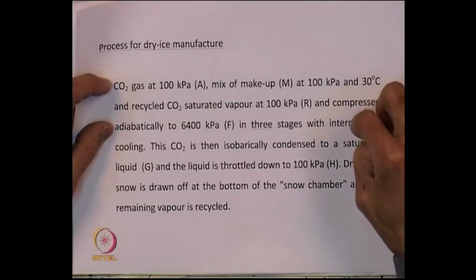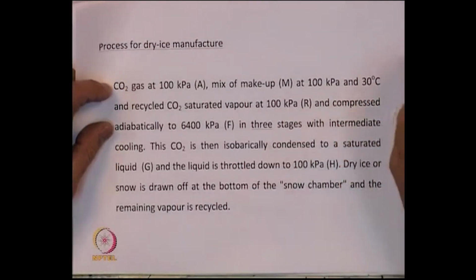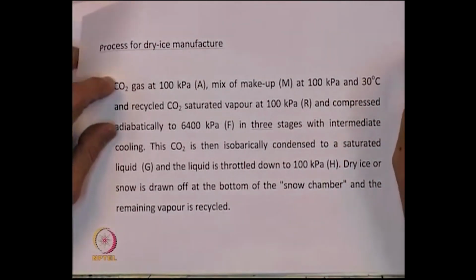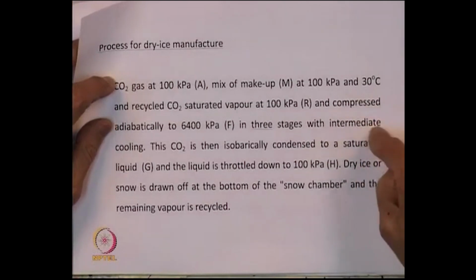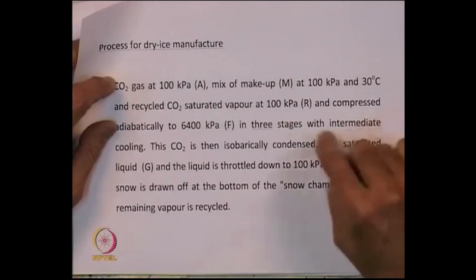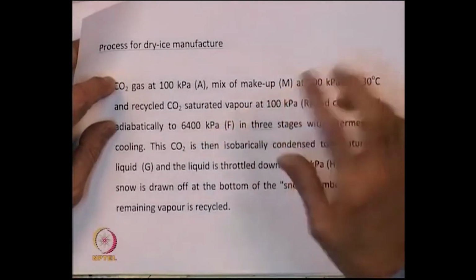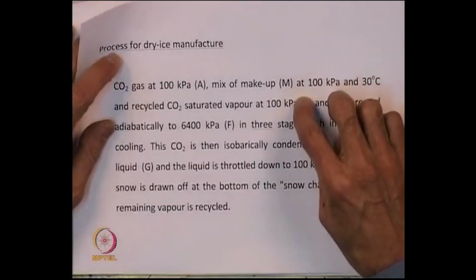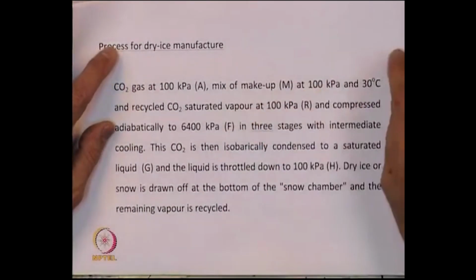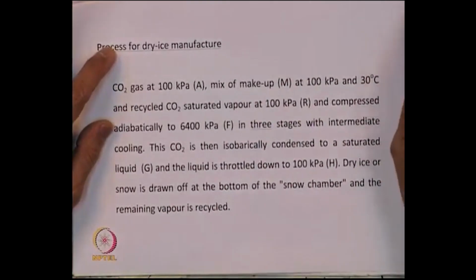This is done in 3 stages, because in every stage the temperature rise can otherwise get too high. Therefore, what you do is compress it in stages, and the thumb rule is usually to use equal compression ratios. So, if you are compressing from 100 kPa to 6400 kPa, you are talking of a factor of 64.